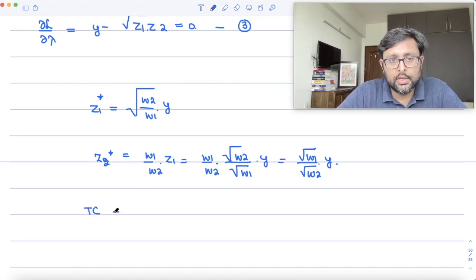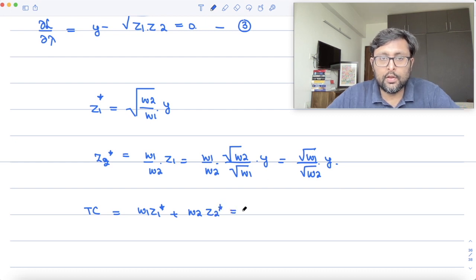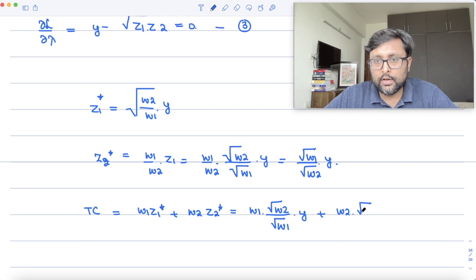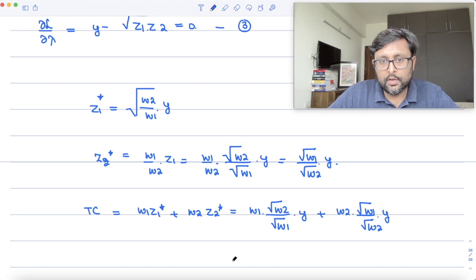So your total cost function is going to look like this. W1 times root of W2 whole upon root of W1 Y, plus W2 times, in place of Z2, root of W1 upon root of W2 Y. So beta, this will become root of W1 W2 Y, root of W1 W2 Y. So it is 2Y root of W1 W2.